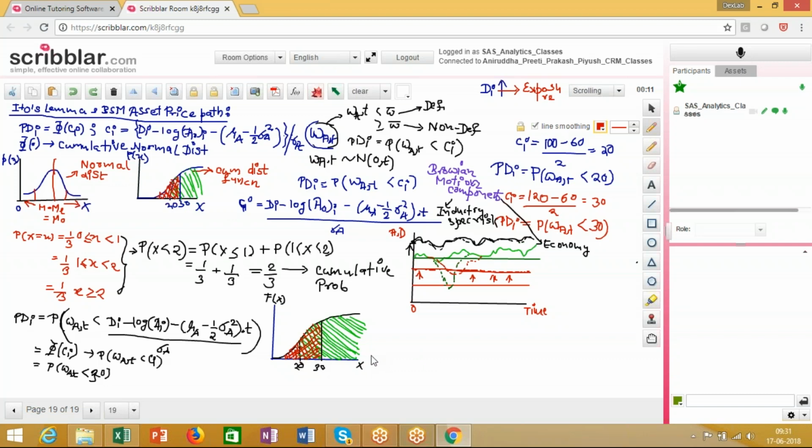Now it's much higher, right? So what we can see is that as C rises, the probability of default increases. Now this is the mathematical part of the story.